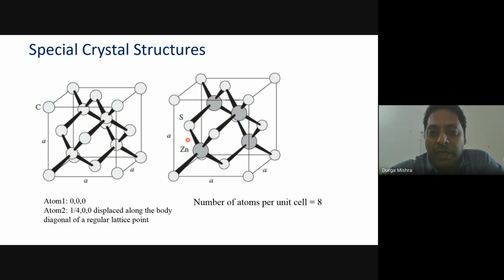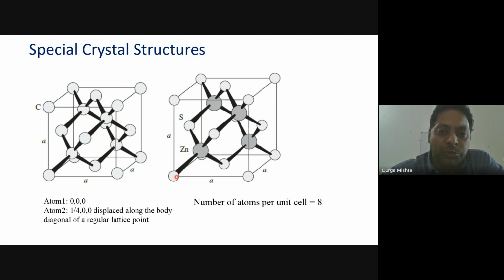Here you have sulfur and zinc. The bigger zinc atoms are within the unit cell, and the sulfur occupies the corners and the face centers. Again, the total number of atoms is 8, with 4 zinc atoms and 4 sulfur atoms.